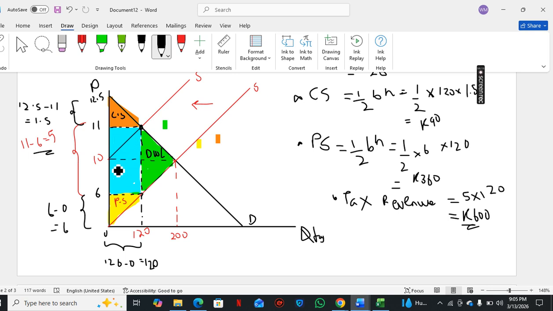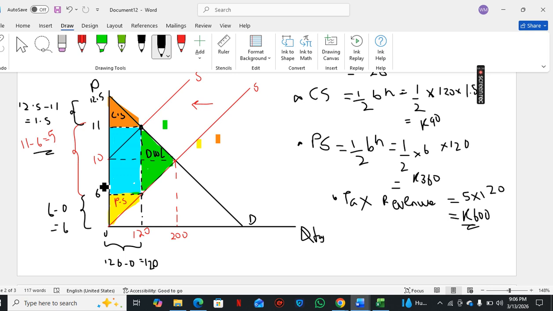Have you seen this blue box here? Yes, sir. The height of the blue box, you're just going to say 11 minus 6 kwacha. That gives you 5 kwacha. Okay. Which is the tax which is being charged, 5 kwacha tax.